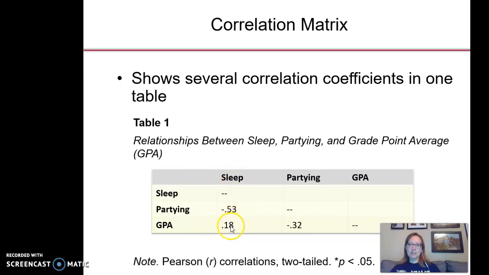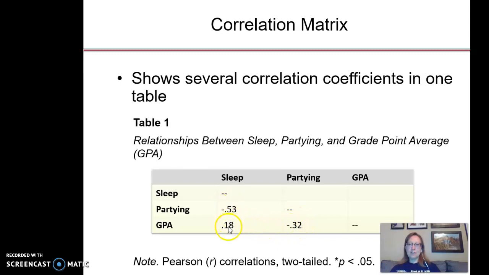When people get more sleep, they tend to have higher grade point averages. When they have higher grade point averages, they tend to get a little more sleep. And this one is moderate and negative. If you're doing a little more partying, you probably have a little lower grades. If your grades are higher, you're probably doing a little less partying. So again, a moderate, negative relationship here.